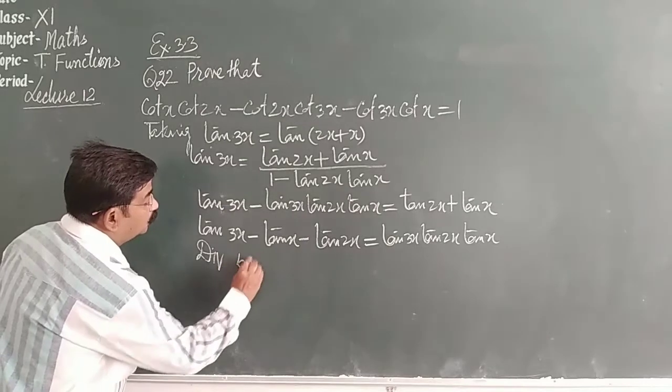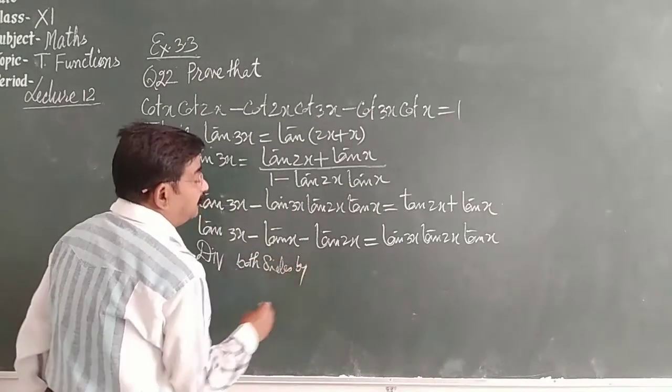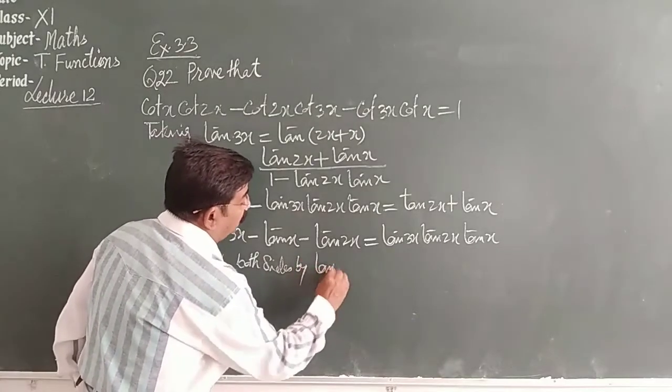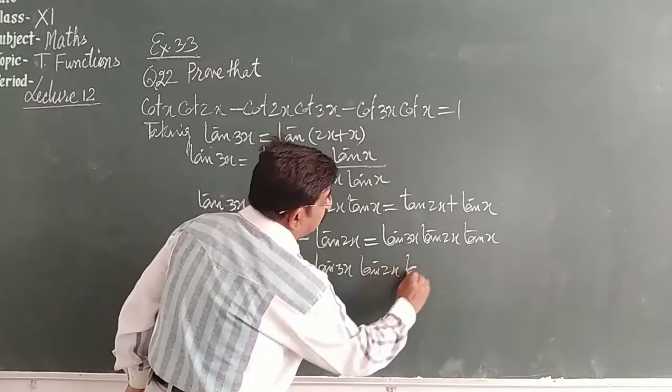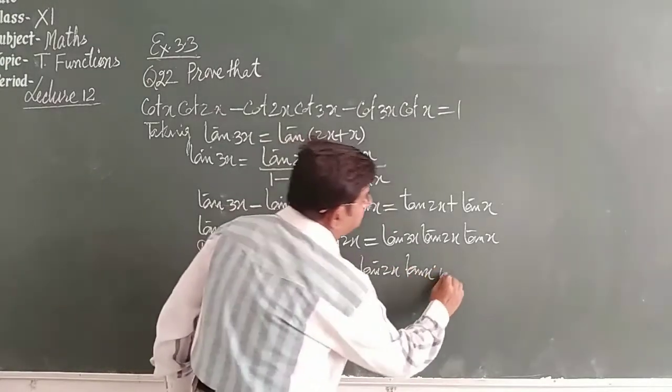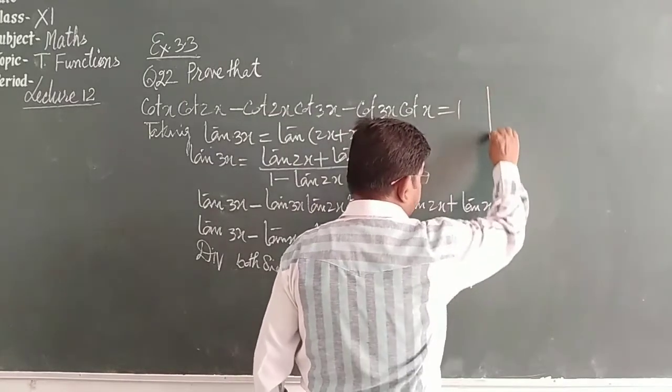Dividing both sides by tan 3x tan 2x tan x, we get, let's see what we get.